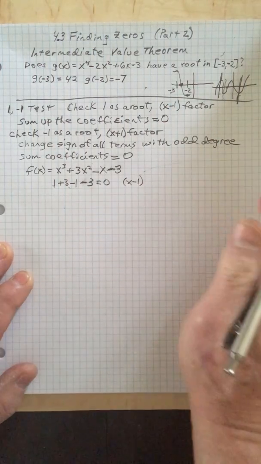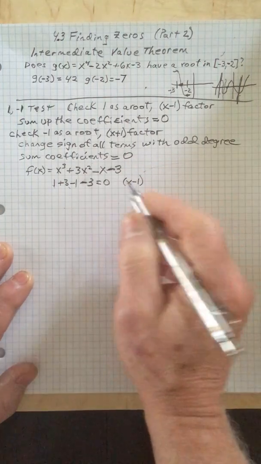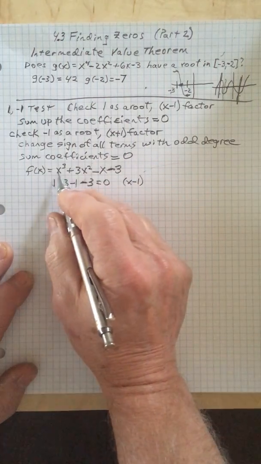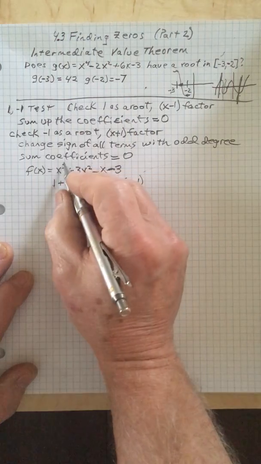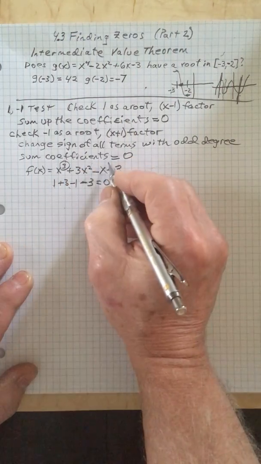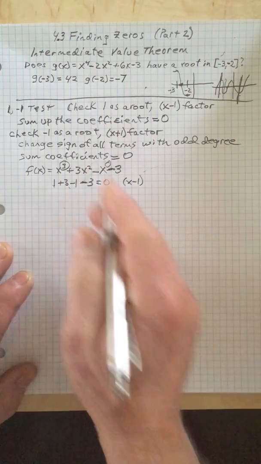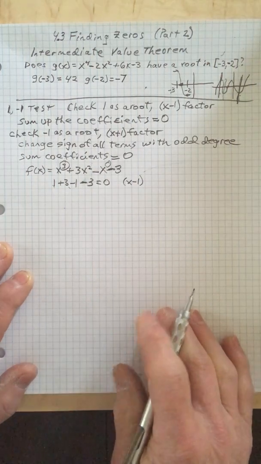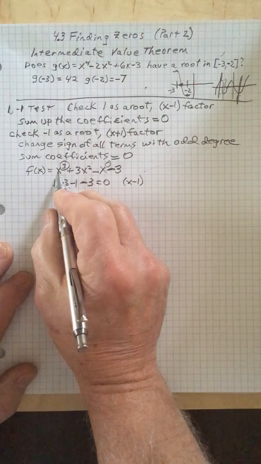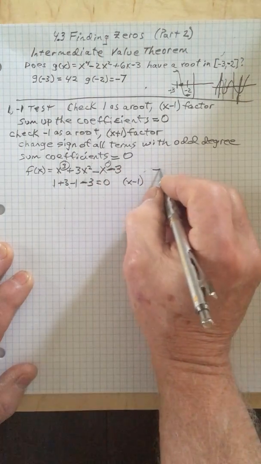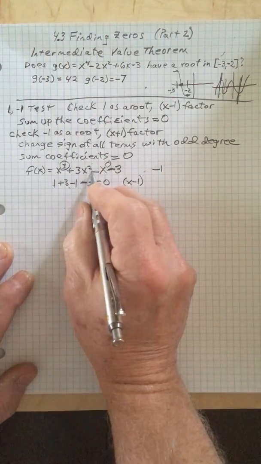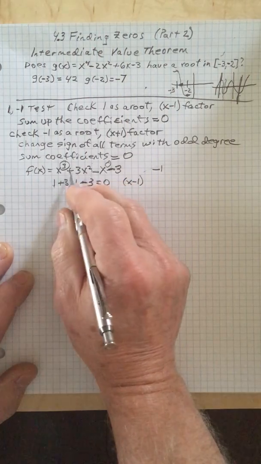Okay, now let's check for minus 1 as a root. The first thing you have to do is, anywhere where you have an odd degree, so that would be here and here, 3 is odd and 1 is odd, you change the sign of the coefficient. Instead of plus 1, that becomes a minus 1. That's an even degree, so we don't do anything.